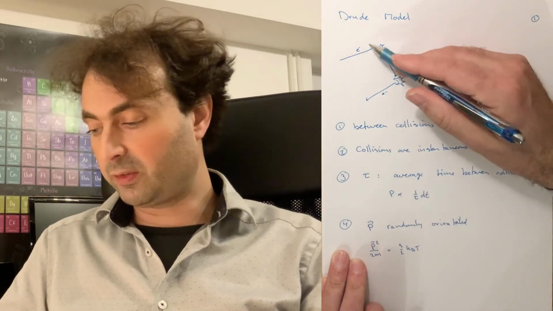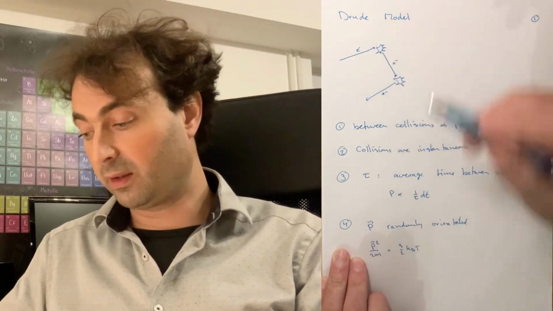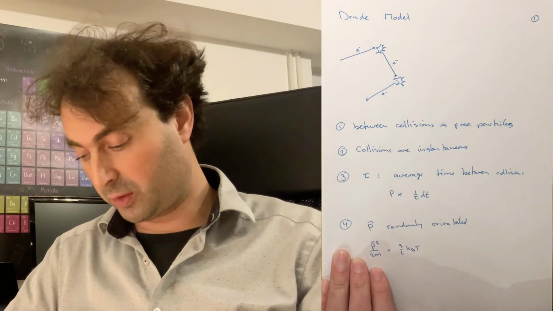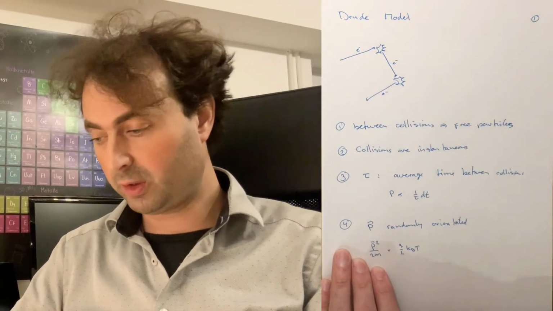So the electron, after a scattering event, doesn't know anything about the impulse or momentum that we had before the collision.